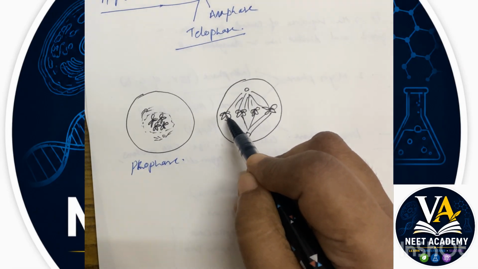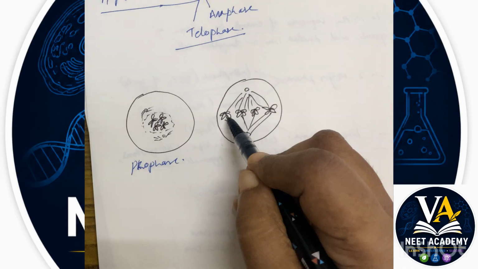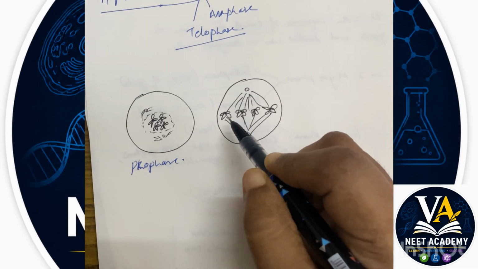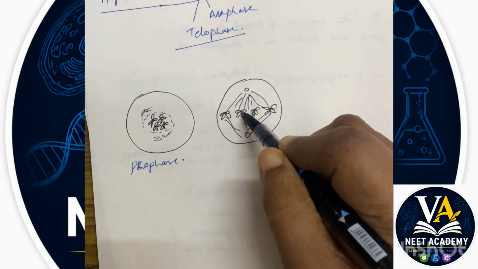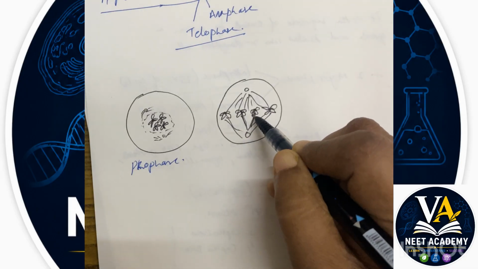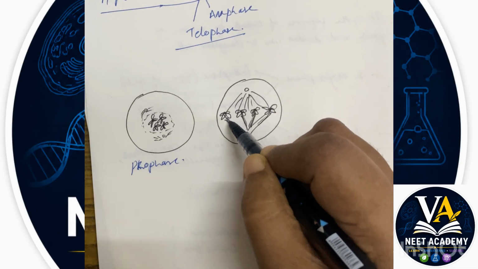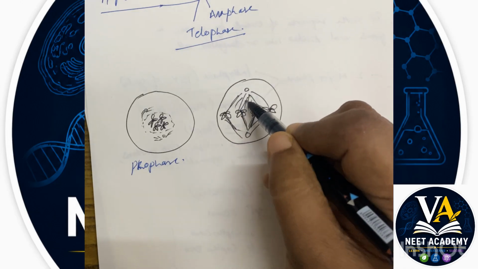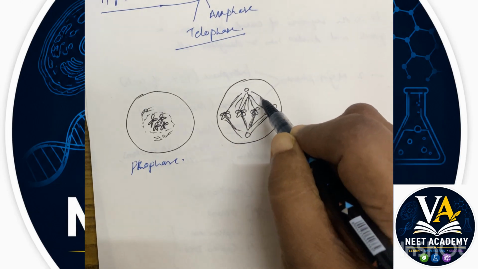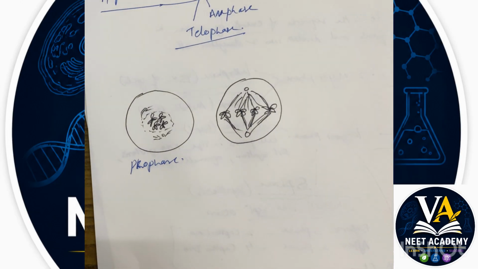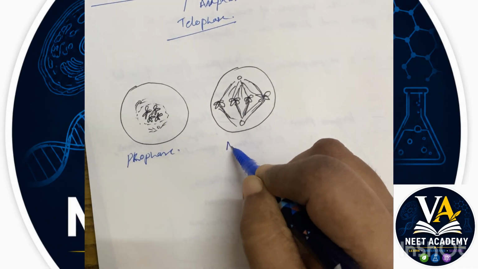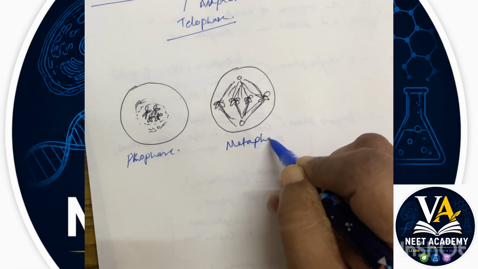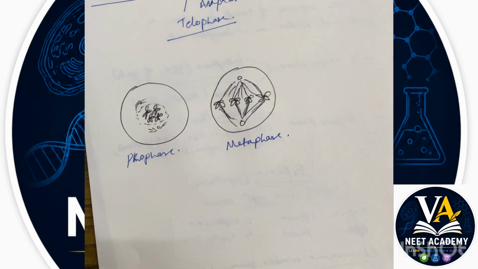All of you remember what a centromere is? It is the middle portion, the constricted portion in the chromosome, right? This is the place where the spindle fibers attach to the chromosome. Clear, students? That is the role of the spindle fiber. So, this phase is metaphase.